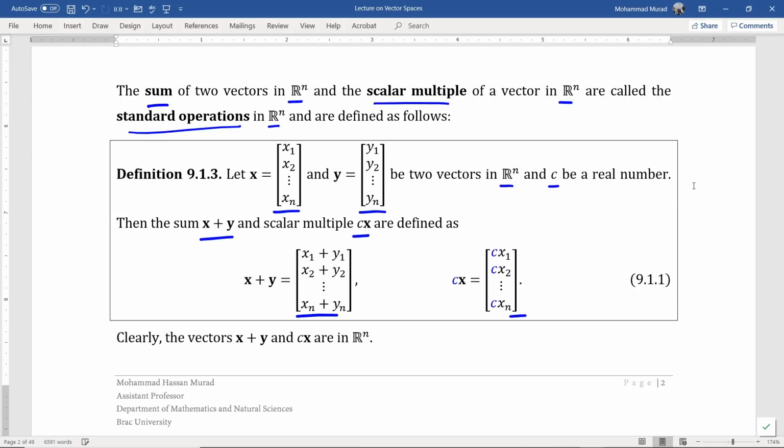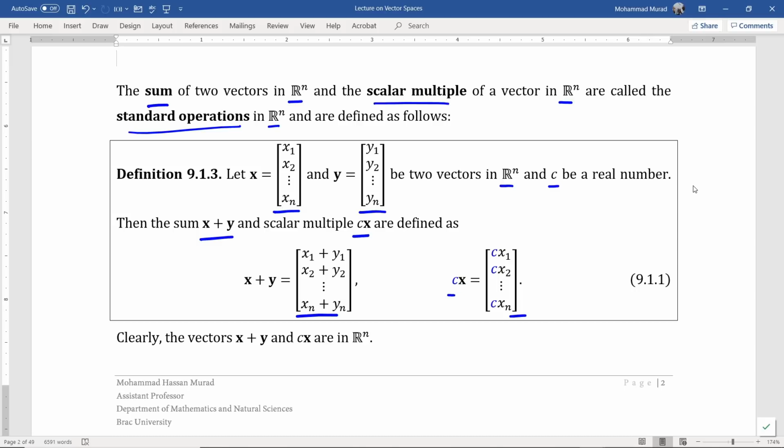So the sum of the vectors x and y is obtained by simply adding the first components of the vectors and the second components of the vectors and so on. In short, the first component of the sum is the sum of the first components of the vectors, and so on.